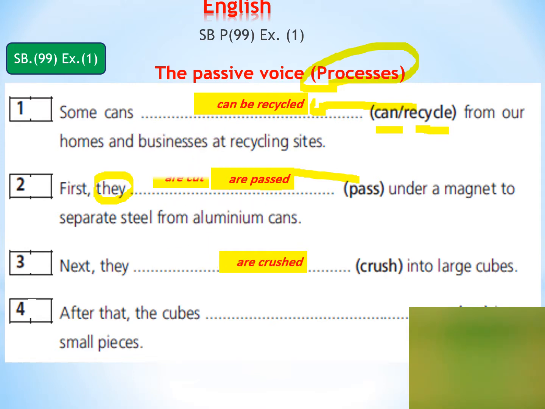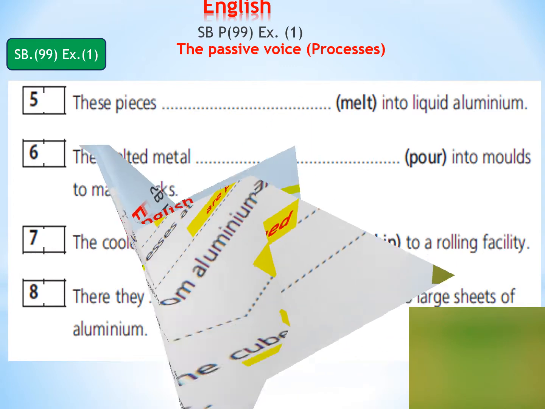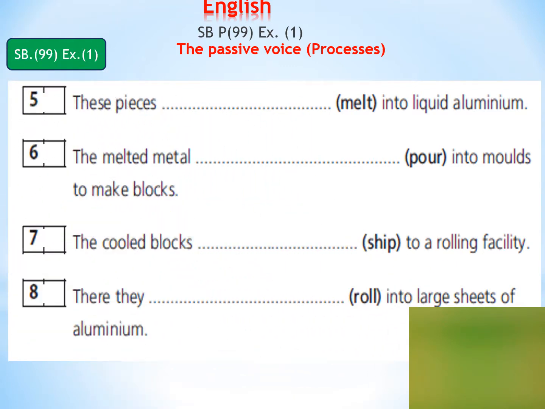After that, the cubes, they are cut. So the past participle of the verb to cut is cut, and be is conjugated as are because we have here the plural. Melt. The past participle of the verb to melt should be here.